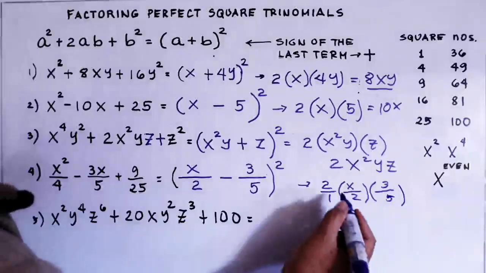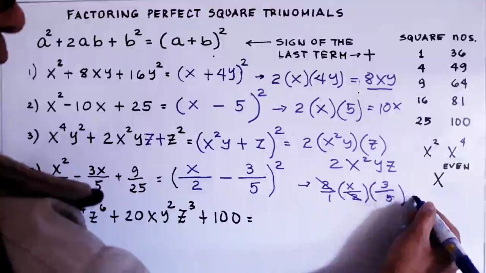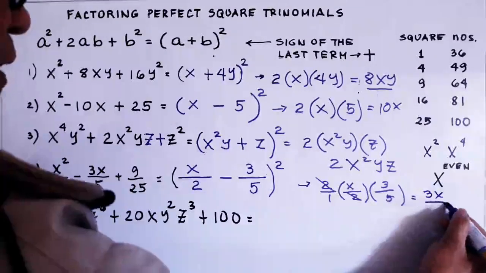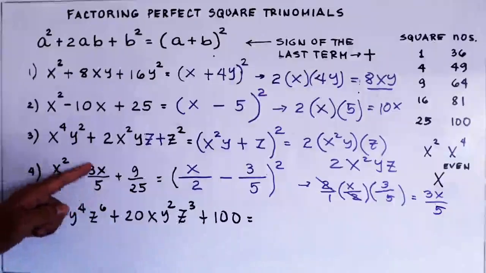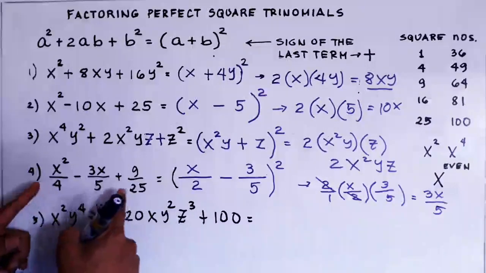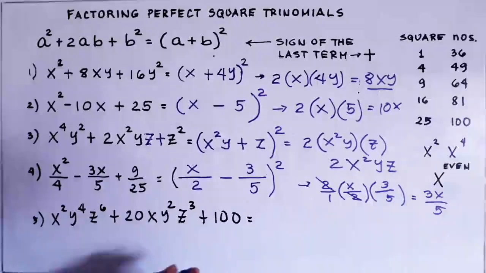We multiply, then we can cancel this one and this one. So 3 times x is 3x over 5. Is this one 3x over 5? Yes. Therefore, this is a perfect square trinomial also. So we have these factors for number 4.